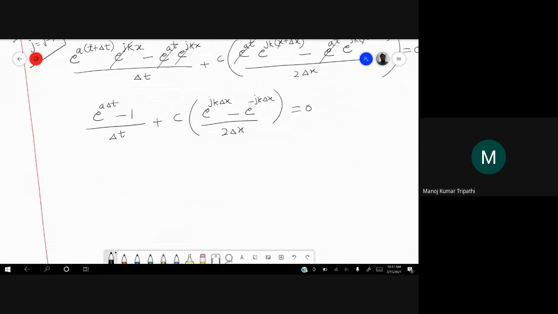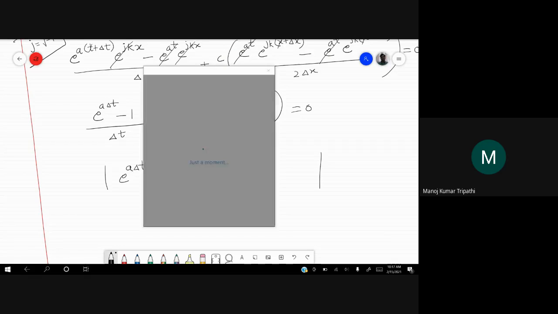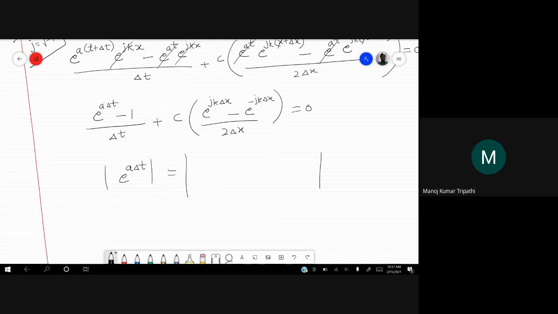Now what is finally needed is mod of e raised to the power a delta t. So let me know what this is. Mod of what? On the right hand side. And if you can reduce it in terms of sine cos, then do that. And let me know what this is, so that we can then find out the condition on c, delta t and delta x for stability.